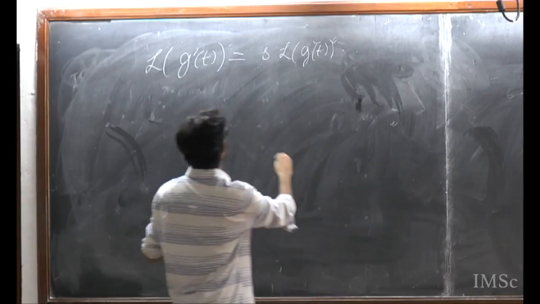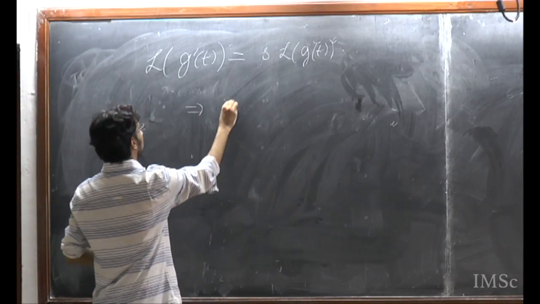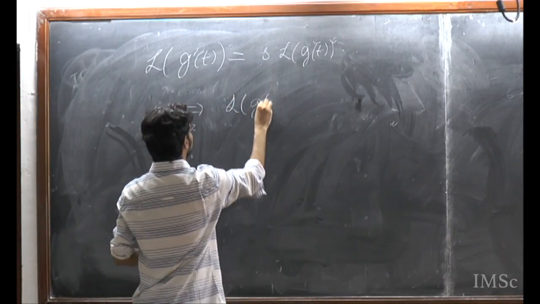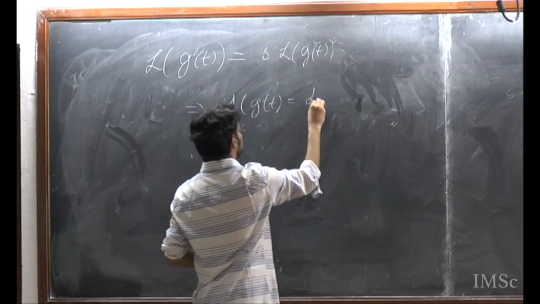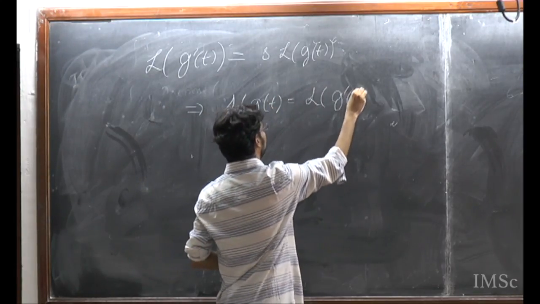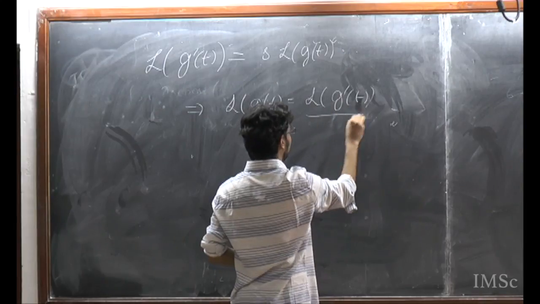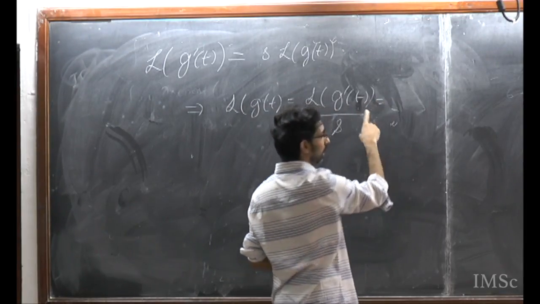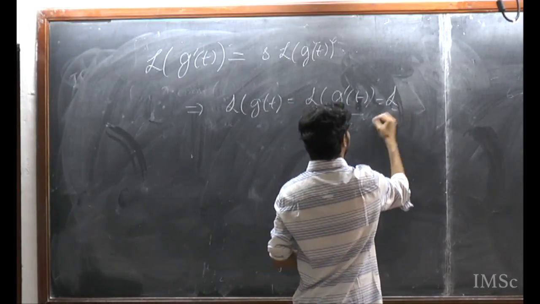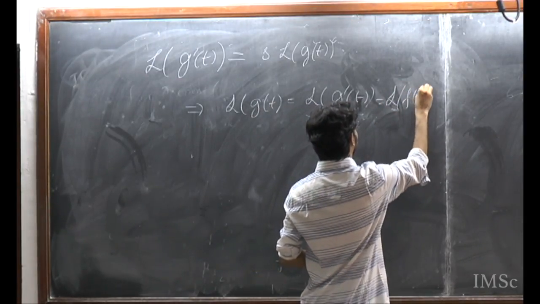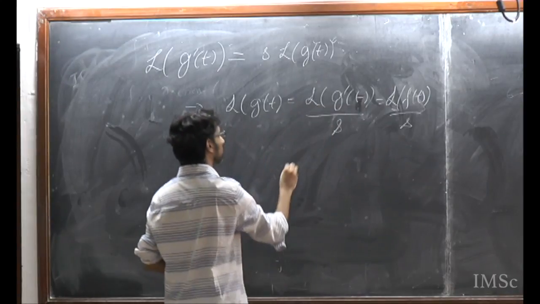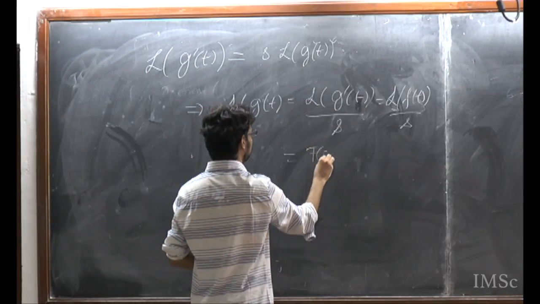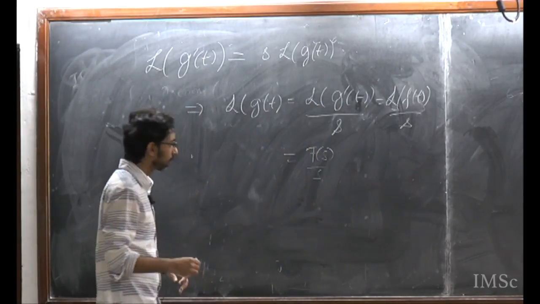Okay. So this implies the Laplace transform of g(t) is the Laplace transform of g prime of t by s. But what is this? This is just f of t. F of t by s. This is F(s) by s. Okay?